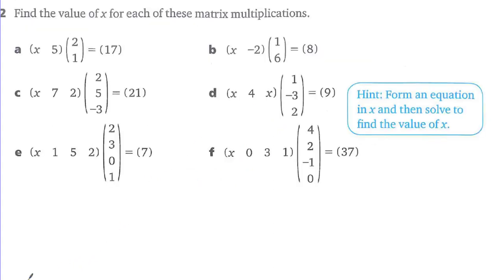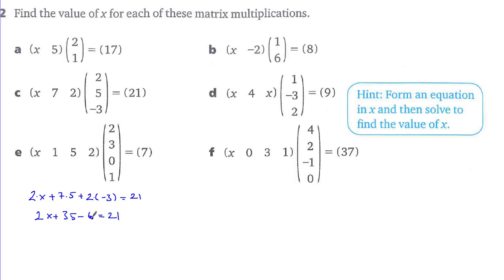Here we have some exercises with unknowns, as you understand. Here I can solve C1. So 2 times x plus 5 times 7, plus 2 times minus 3, has to be equal to 21, which is 2x plus 35 minus 6 equals 21.